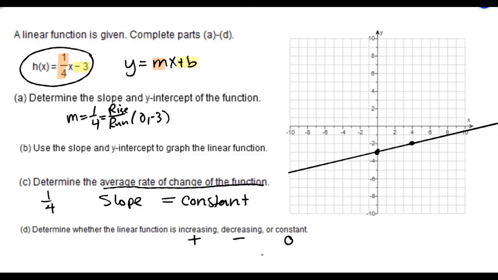So this function has a slope that is positive, and so the function is increasing. We can also use visual inspection by looking at this graph of the linear equation. You can see that as we look from left to right, the y values are rising or increasing.